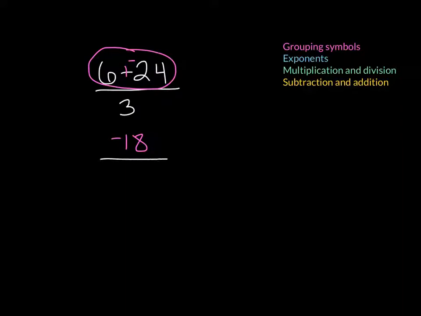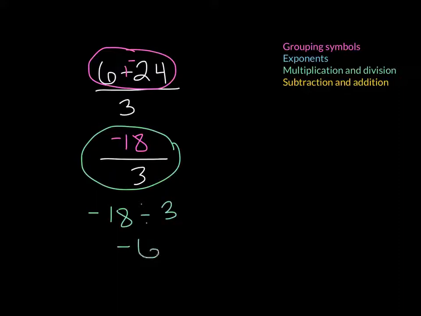And then we keep the divide by 3, or the fraction bar with the 3, which, as we said before, fraction bars can also act as a division problem. So this right here is negative 18 divided by 3, which is negative 6.